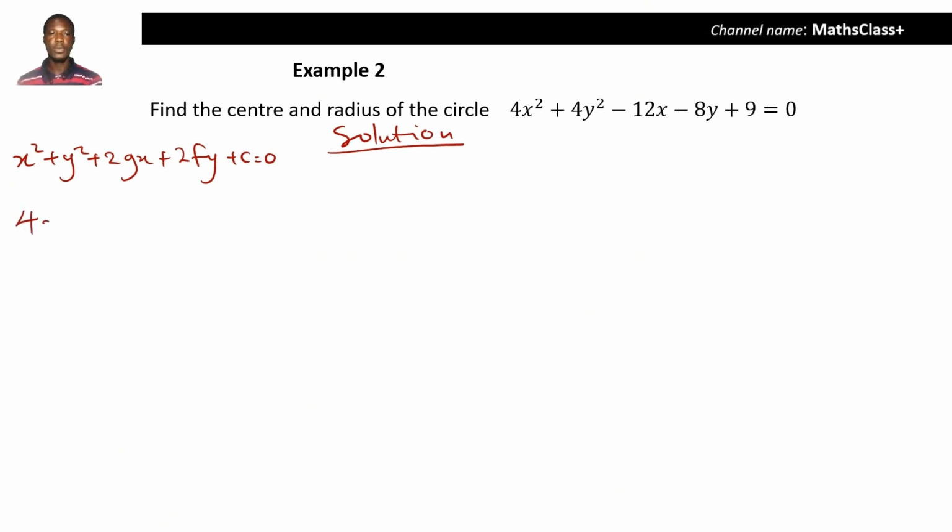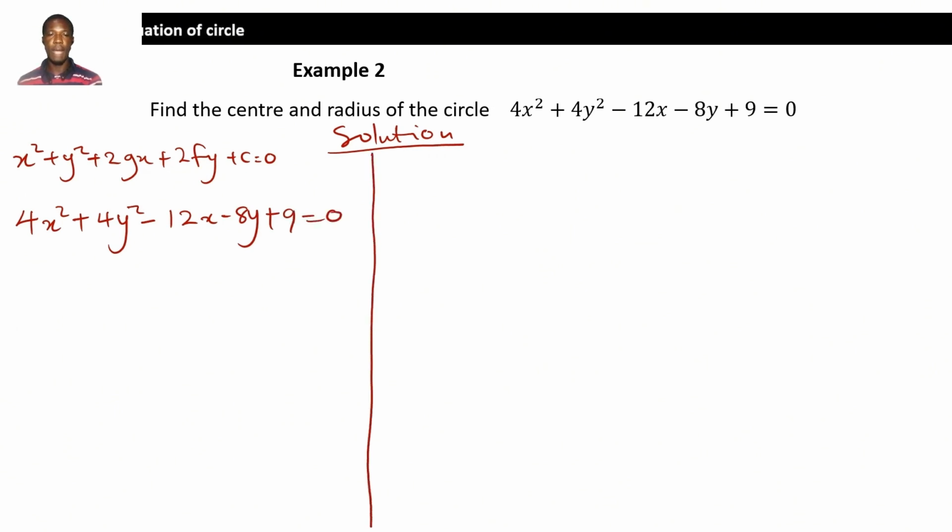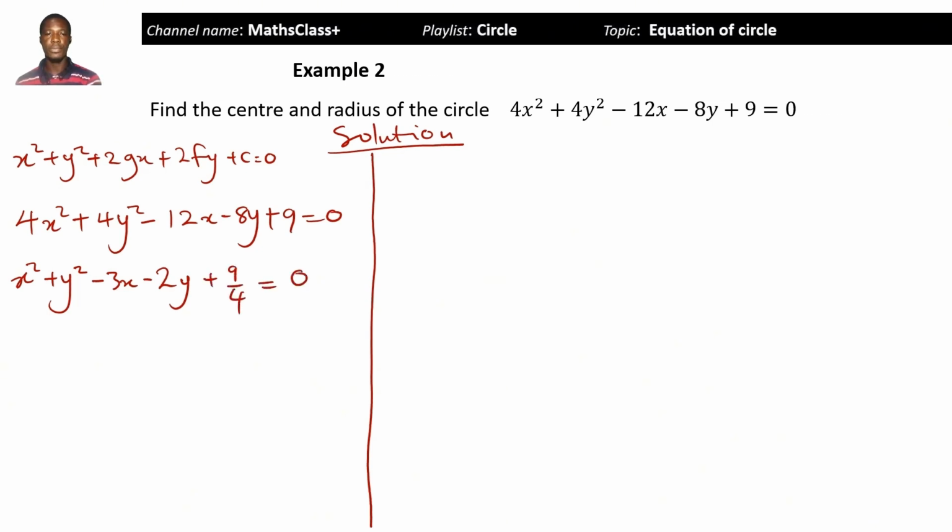So 4x squared plus 4y squared minus 12x minus 8y plus 9 equals 0. What we are going to do is divide through by 4. And when we do that, we get x squared plus y squared minus 3x minus 2y plus 9 over 4 is equal to 0. So this time we can do our comparison.